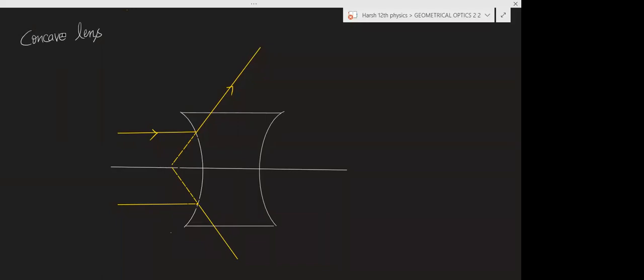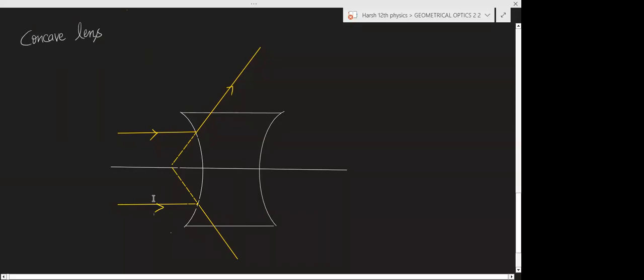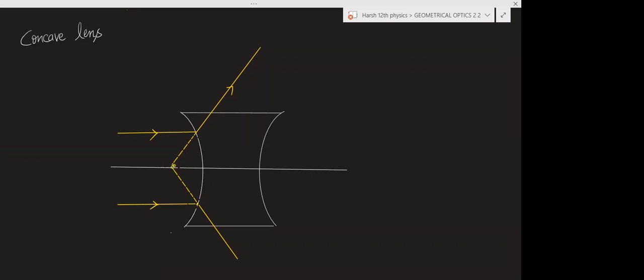Now you can see these light rays are parallel to the principal axis. After striking the lens, they diverge, and when you produce these diverged rays in the backward direction, they meet at some point, and this point is known as the second focus of the concave lens.